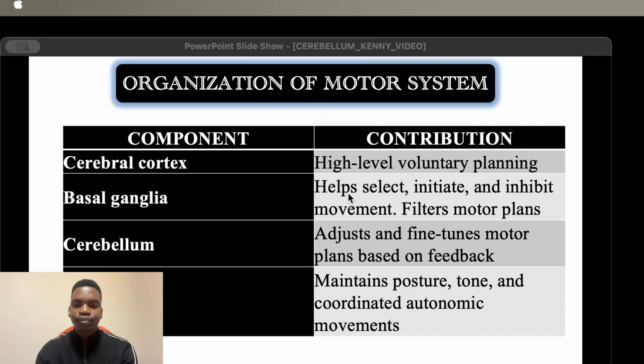So you see, it will help you select, initiate or inhibit unwanted movement. So it basically does the filtering of the motor plans. What movement to be initiated, what movement to be inhibited. That is done by the basal ganglia.